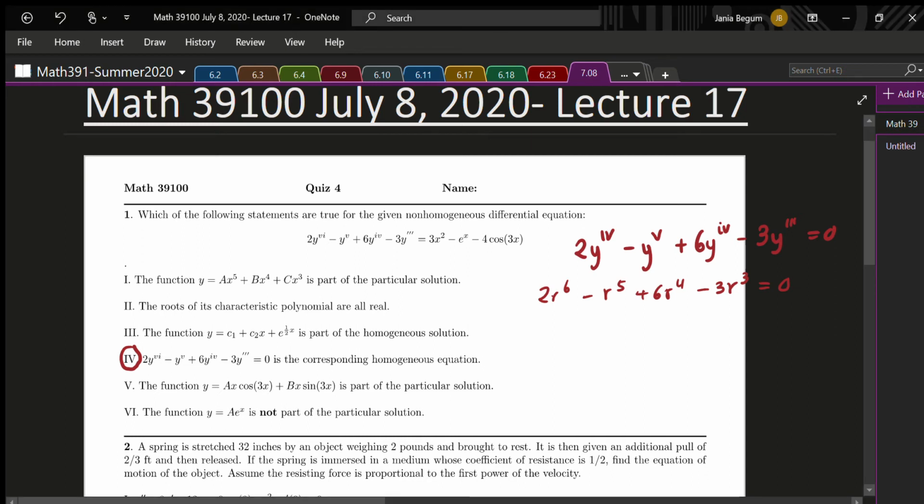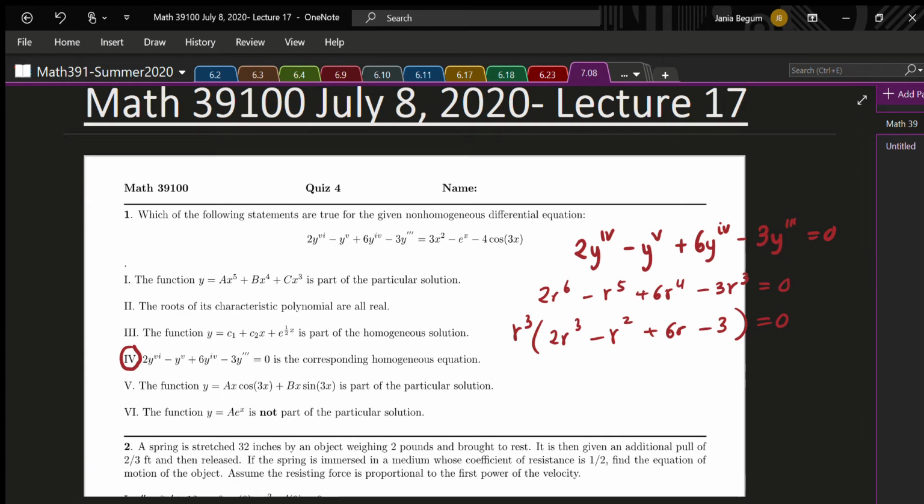If I factor out r cubed, I will have 2r cubed minus r squared plus 6r minus 3 equals 0. And then we have 3 roots, right? So r cubed will give us 3 roots, but they're repeated. So we have r equals 0, that's repeated.